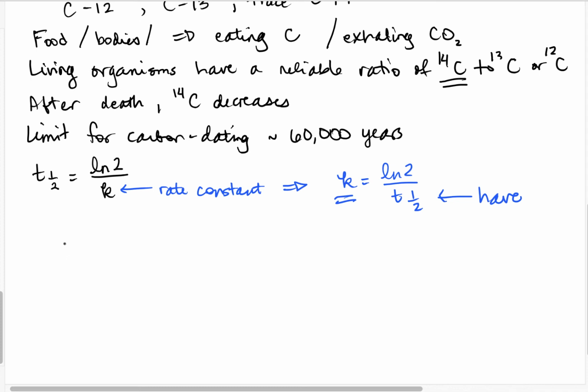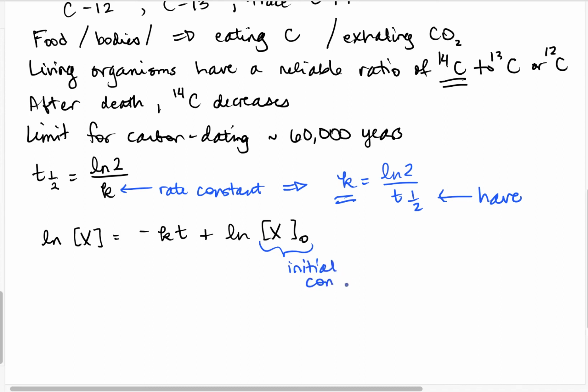And the other equation that we use here is one with some natural logs. I'm going to write it out, and then I'll tell you what all of the numbers are, and we'll do a practice problem. So this is natural log, and this x in brackets with a little zero down at the bottom is the initial concentration of whatever the thing is that we're interested in.